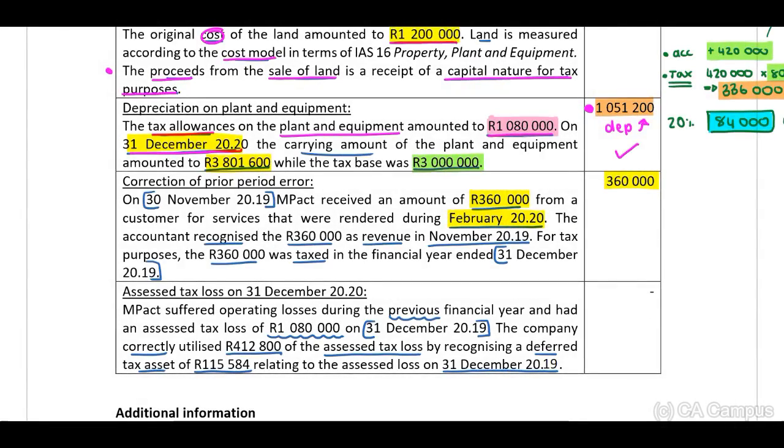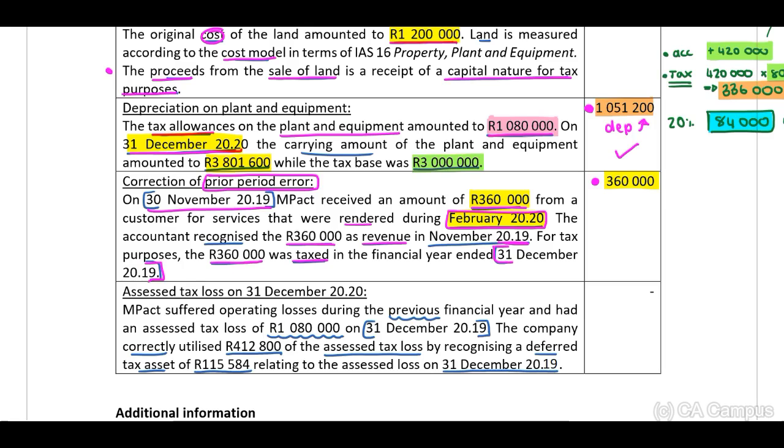Let's move on. Correction of a prior period error to the value of 360,000. On 30 November 2019, Impact received an amount of 360,000 from a customer for services that were rendered during February 2020. The accountant recognized 360,000 as revenue in November 2019. For tax purposes, 360,000 was taxed in the financial year 31 December 2019.